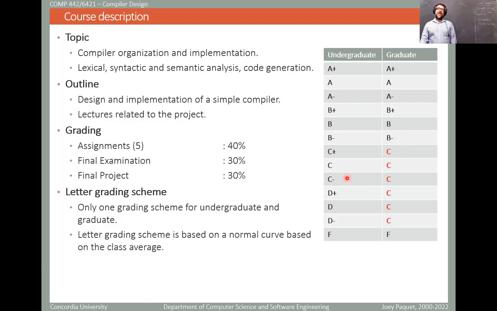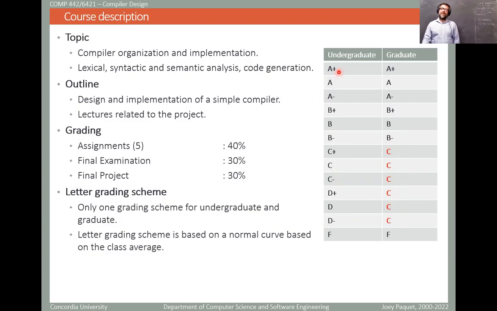So if you get a numeric grade as a graduate student that corresponds to C- for an undergraduate student, you would get C. Depending on how you see it, you might think this is giving an advantage or a disadvantage to graduate students. The fact of the matter is that this is what it is. So this is how I'm grading students across these two different populations. Okay.